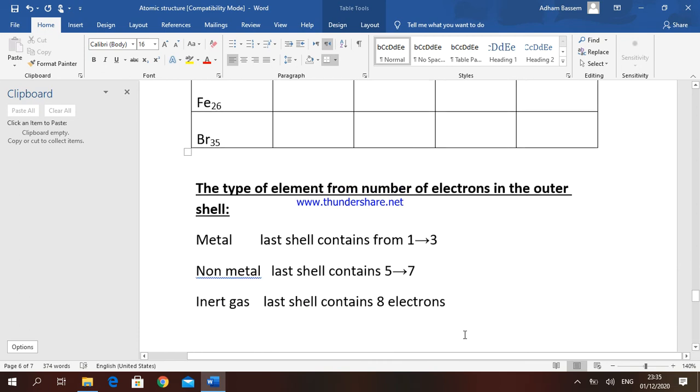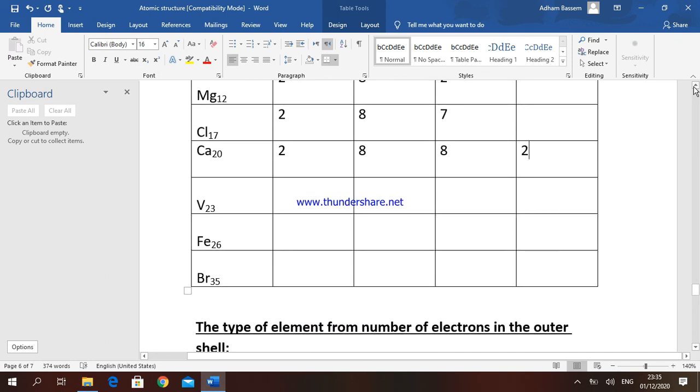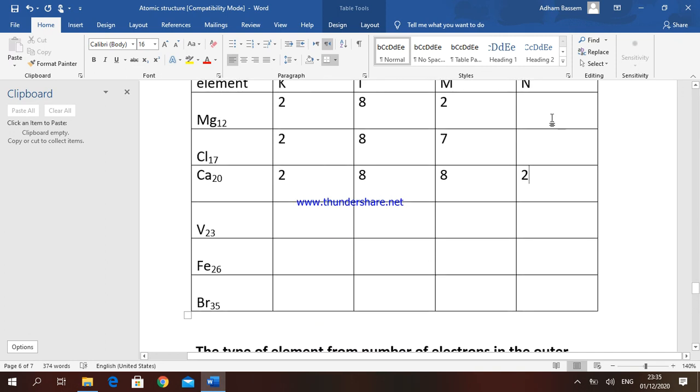We can determine the type of element from the outermost energy level. We look at the outermost energy level, and from the number of electrons inside it, we can determine the type of element. We have three types of element: metals, non-metals, and inert gas.